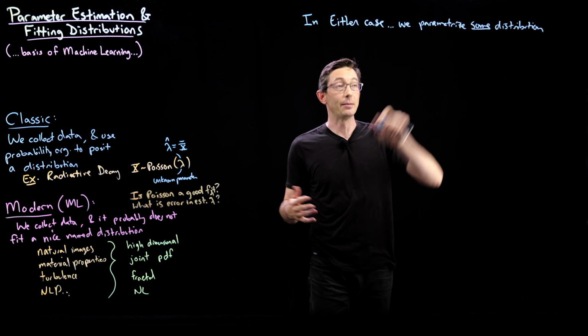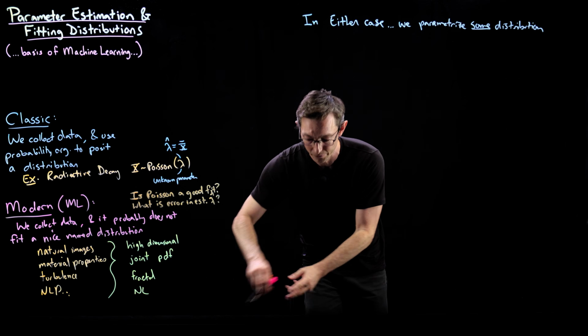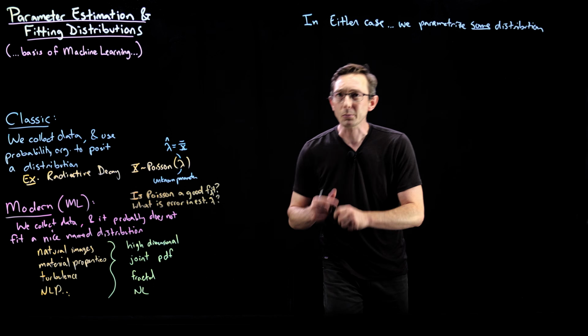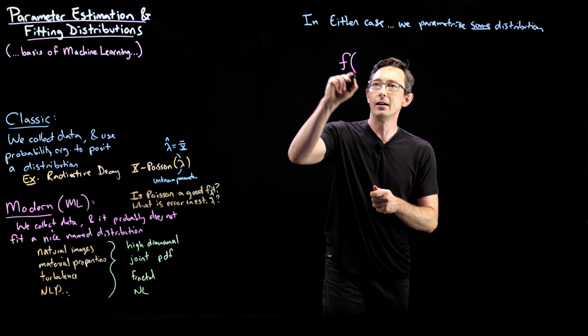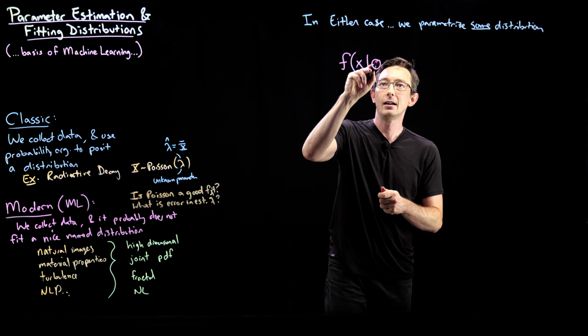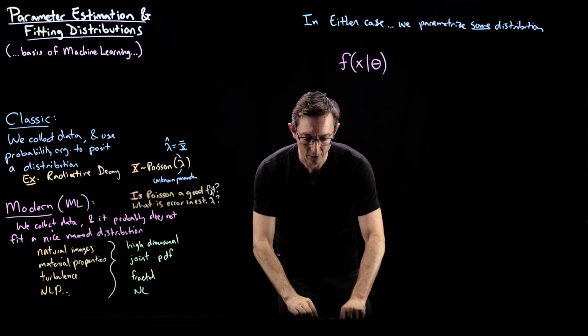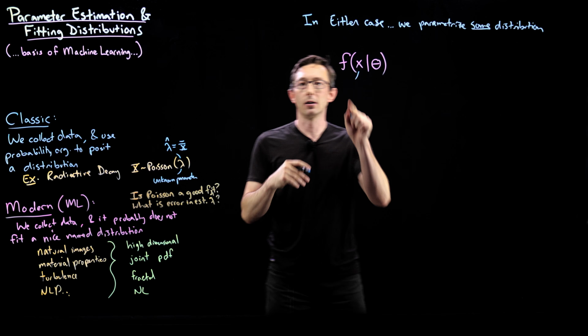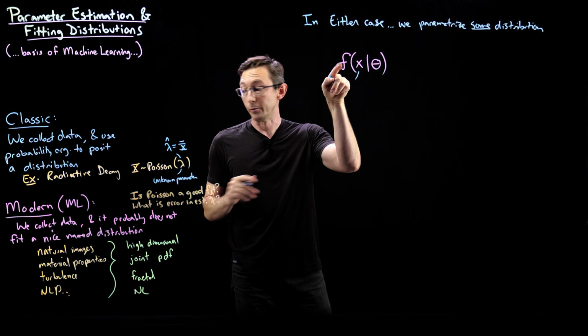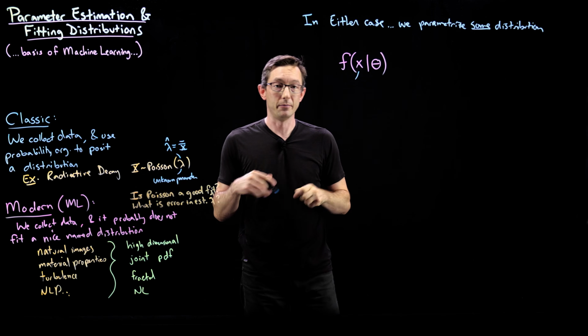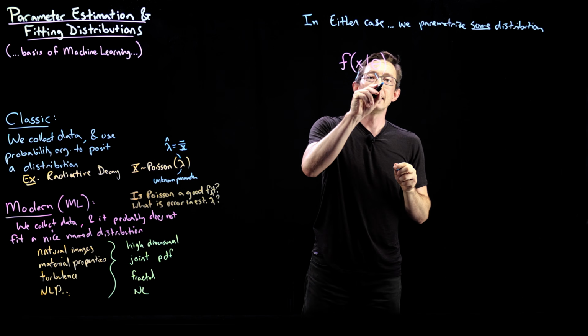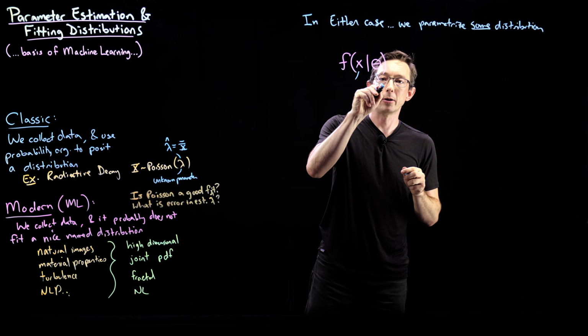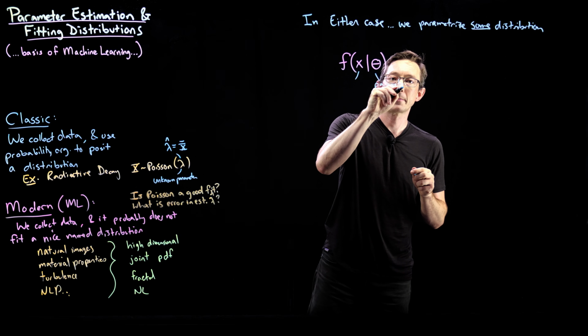The weights of a neural net might be the parameterization of our distribution. So we're going to say that we have this f of x given theta. So x is our variables, kind of the data variables, and theta are our parameters, okay?